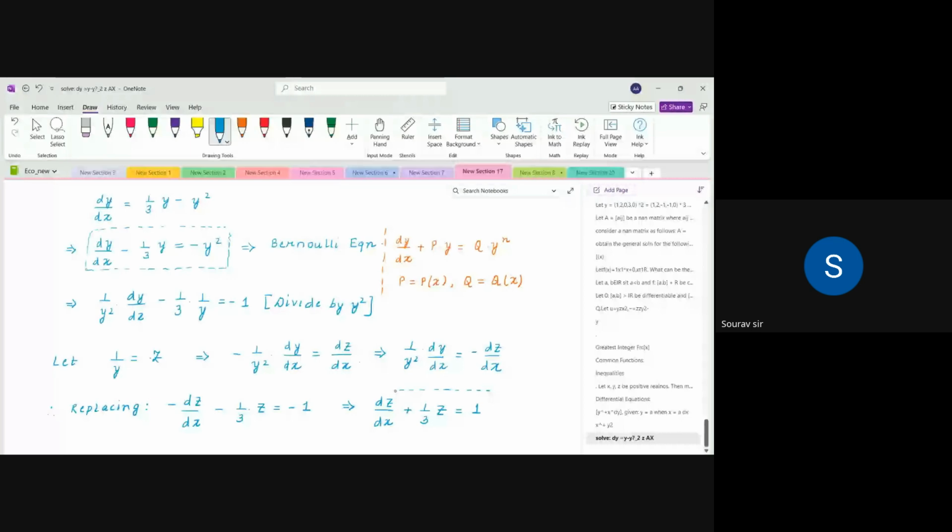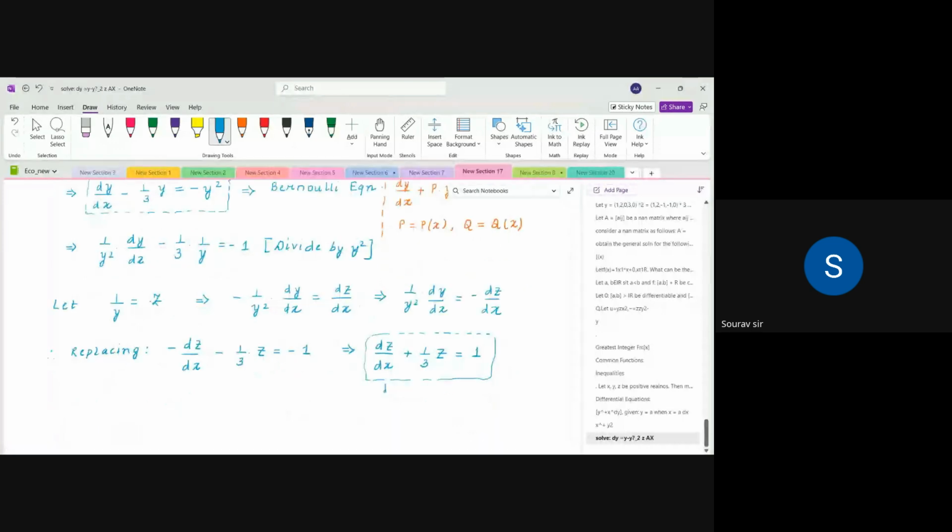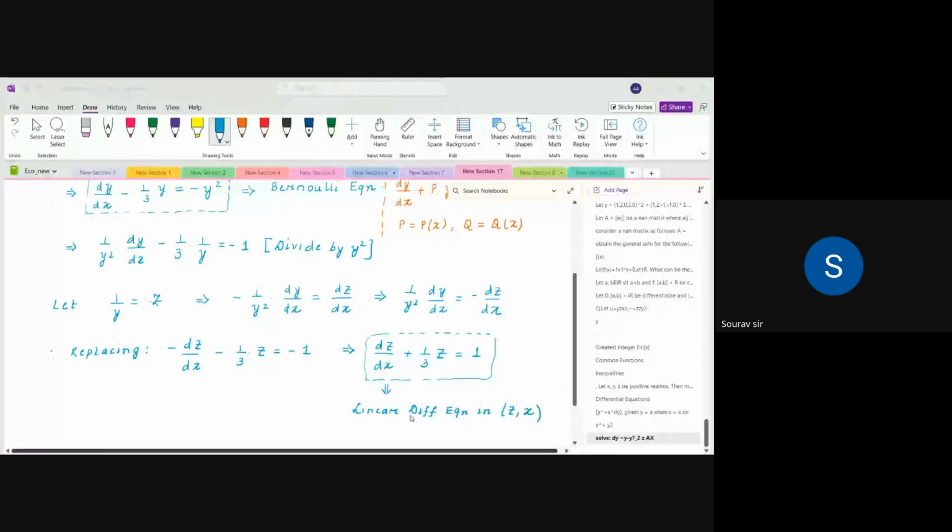So this makes your linear differential equation in z and x. Okay, is it making sense to all of you up till here? Is it fine?